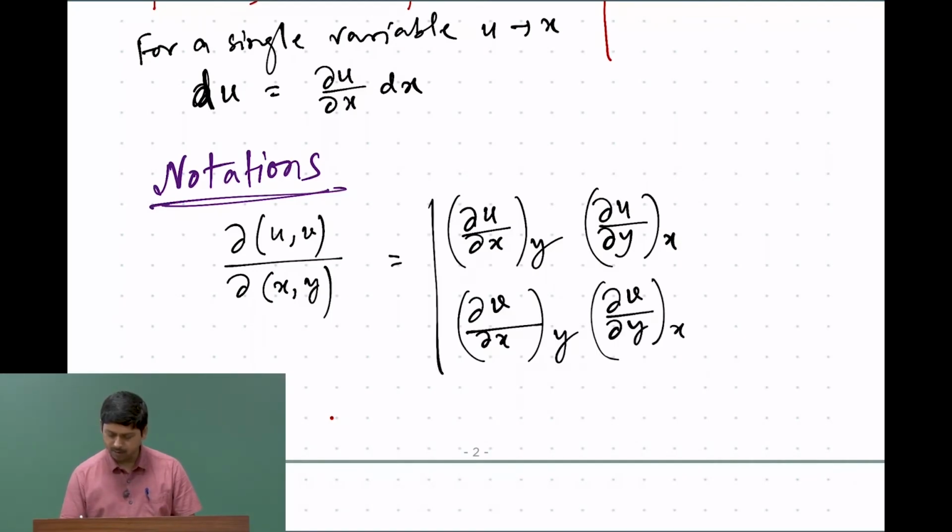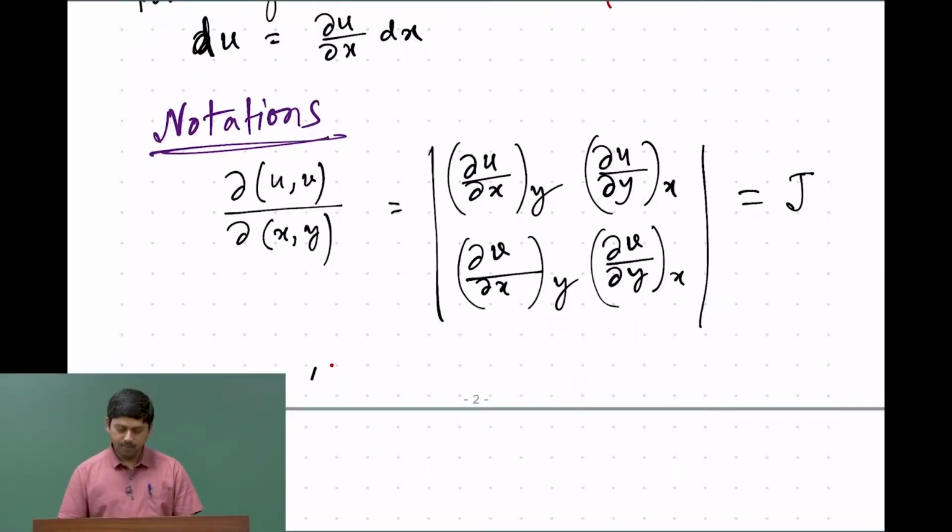Whatever the Jacobian matrix we discussed, this is our Jacobian matrix. So, this is just a shorthand notation. Till now we only know dy by dx kind of thing, but here you see I am using a pair of variables, del(u,v) by del(x,y), and that I have to write in this form.